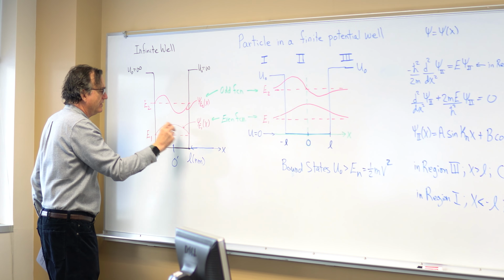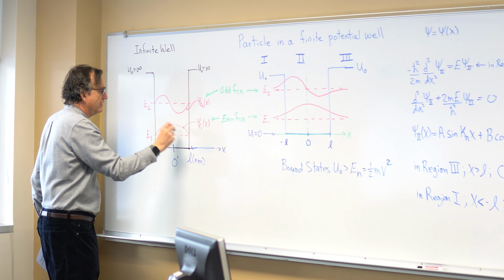So I'm going to rewrite this with the cosine term first: B times cosine of k_n L minus A times sine of k_n L. That's the boundary condition at the left side of the box.